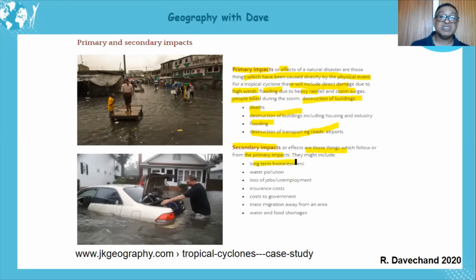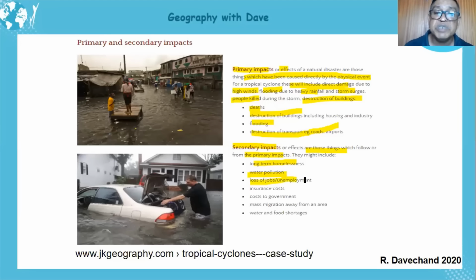In fact, sometimes there's more deaths after the storm or the cyclone than during, because of stagnant water, pollution, waterborne diseases, people trapped with no drinking water, depending how well developed the country is. You understand? Poorer countries, trapped, they die. You understand? They starve. There's so many things that can happen.